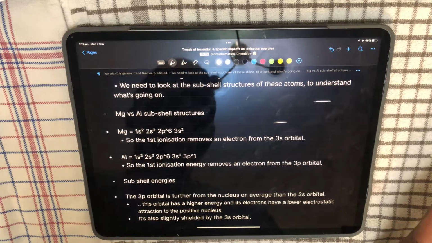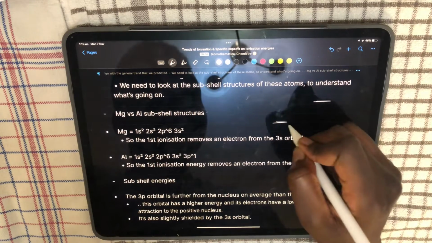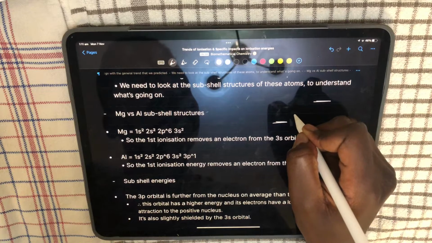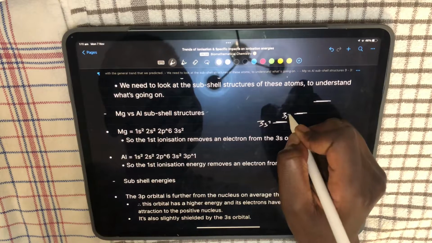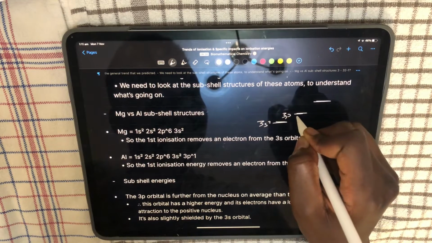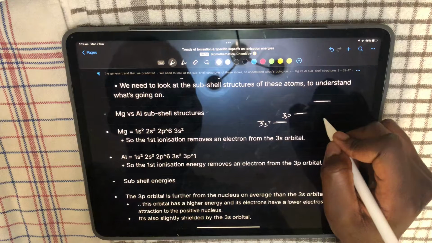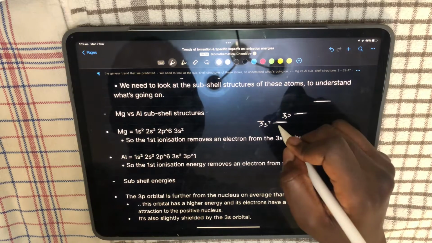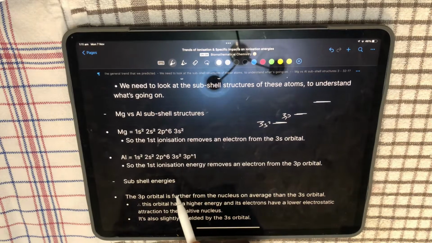The s orbital is like here, and the p orbital is here. So this is what it means: for a higher energy orbital, less energy is required to reach this ionization energy in order to remove an electron from the 3p orbital compared to the 3s orbital, which requires more energy.